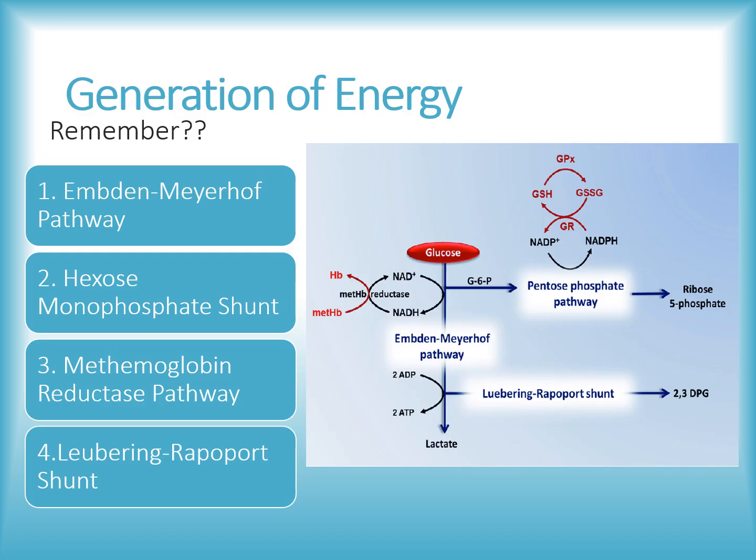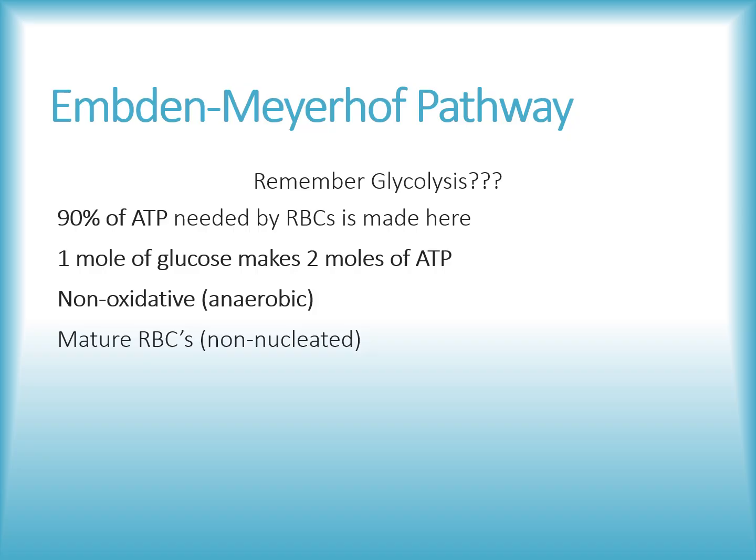Now, each one of these pathways has a different job. They are all metabolic pathways, but we're going to talk about each one and the specific role they play in maintaining the health and function of red blood cells. So if you think way back to your cell biology class, we're going to talk about glycolysis.